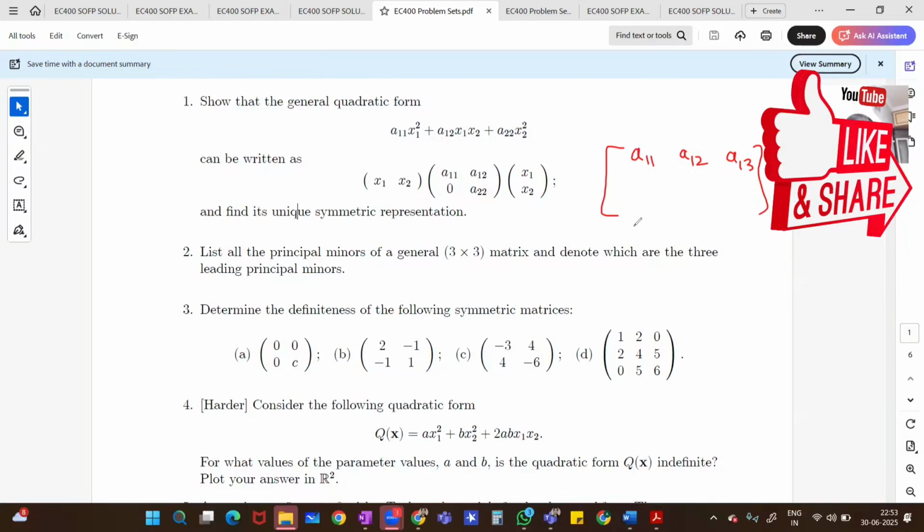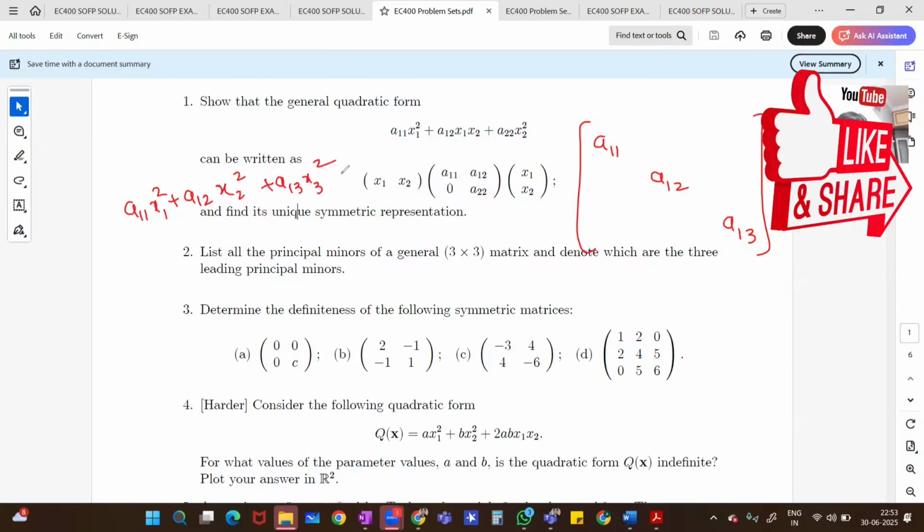Let's say if you want to have the A11, A12, A13 form, this will become your x1 squared, x2 squared, x3 squared.